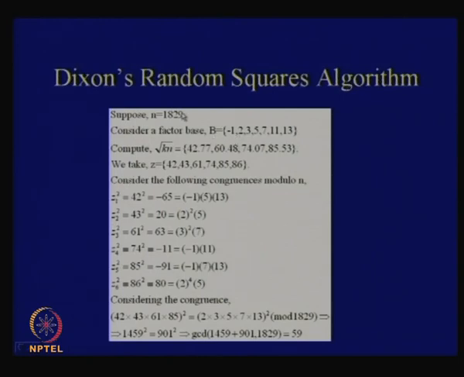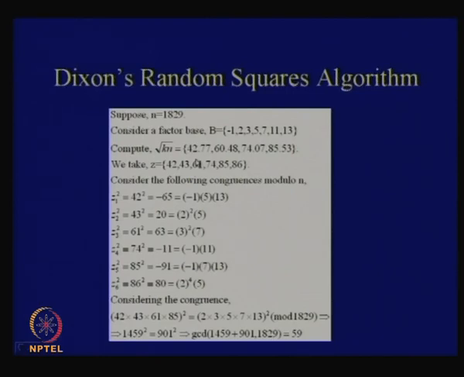Suppose I start with n equal to 1829, and you consider the factor base. There is something called a factor base, which basically means some consecutive prime numbers, a library of small prime numbers.